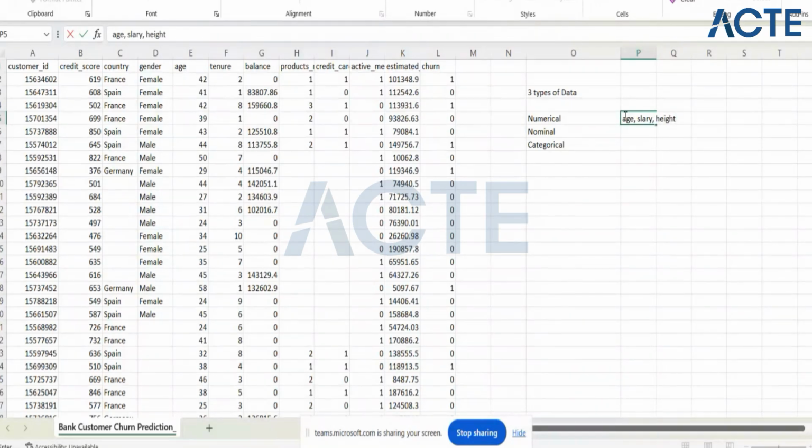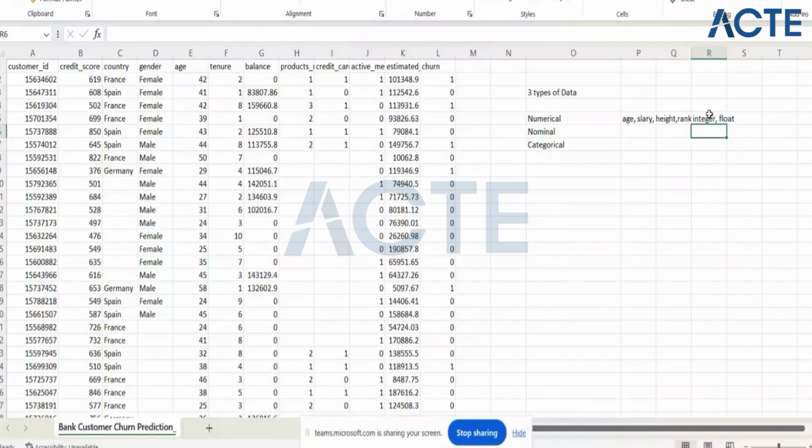This can be measured and we can do any kind of mathematical calculation on it. Your ranks, the ranking system, all these things are numerical in nature. Numerical data can be of two types. One is integer, which means any whole number, and the other is float, which can contain decimals also, correct?